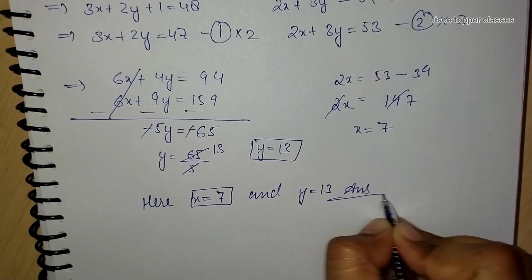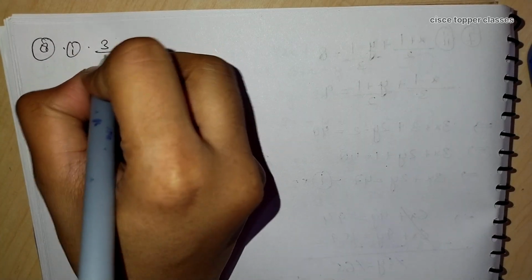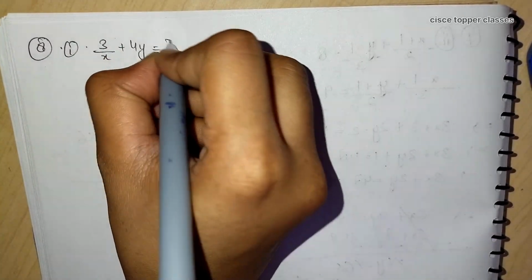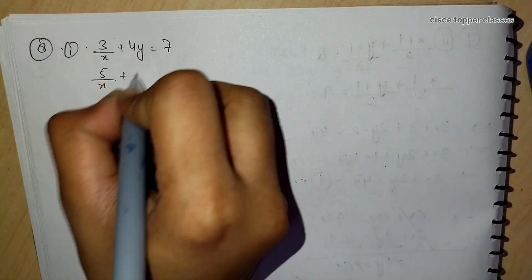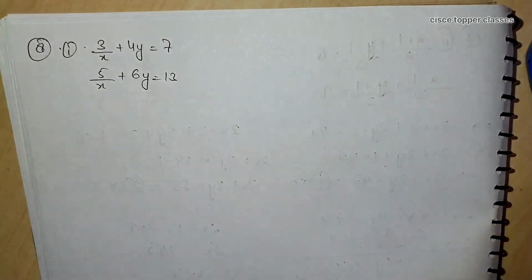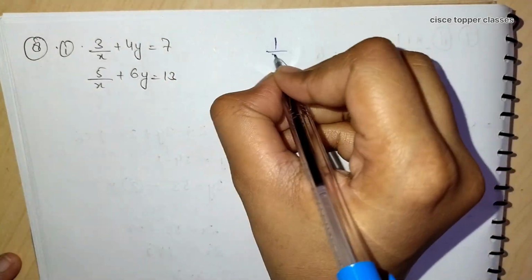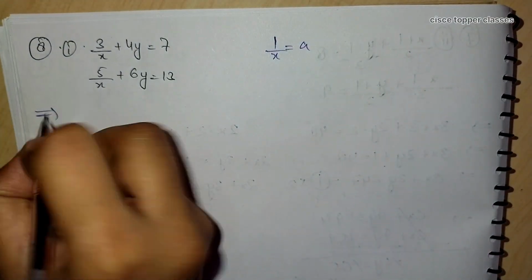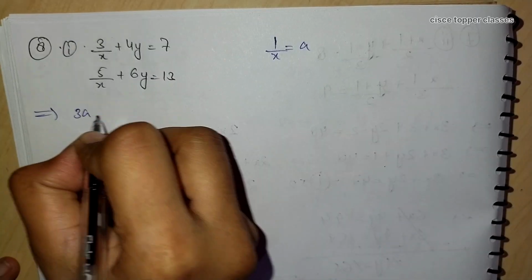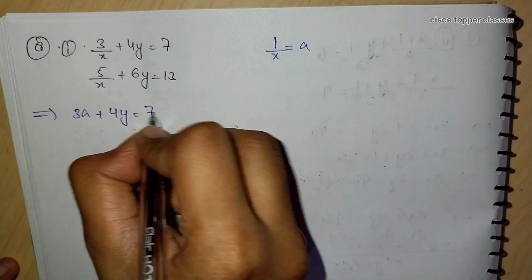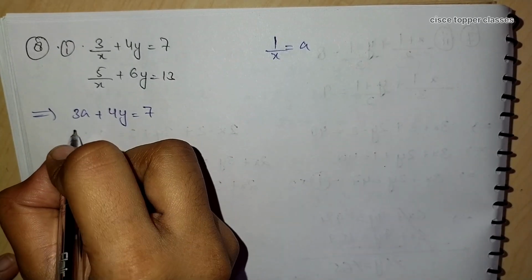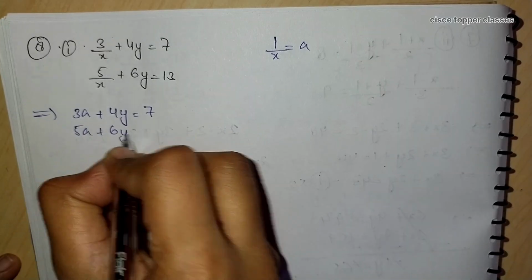On solving eighth first part, 3 by x plus 4y equal to 7 and 5 by x plus 6y equal to 13. We can substitute 1 by x equal to a to solve both equations. So 3a plus 4y equal to 7 and here 5a plus 6y equal to 13.